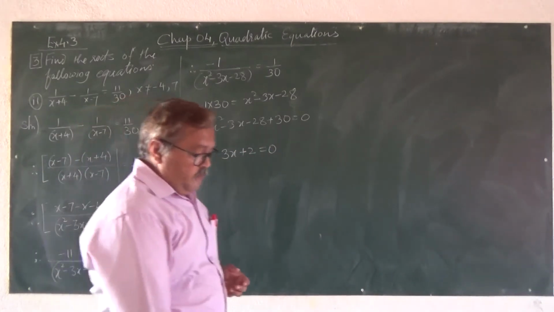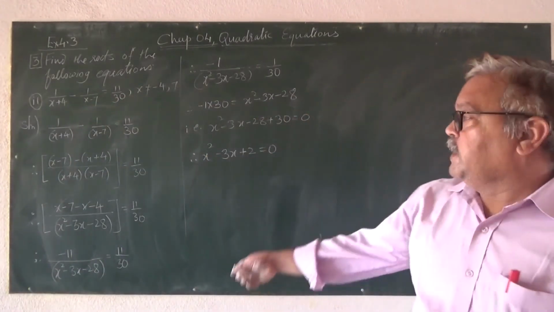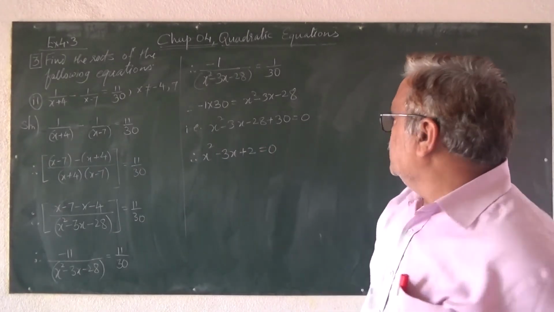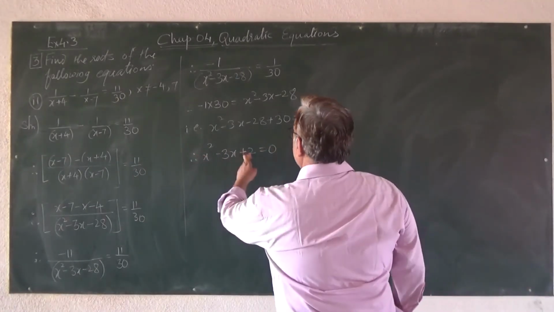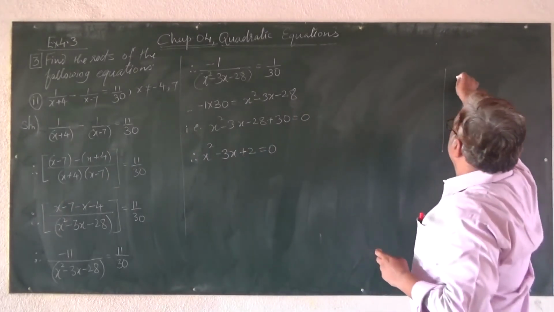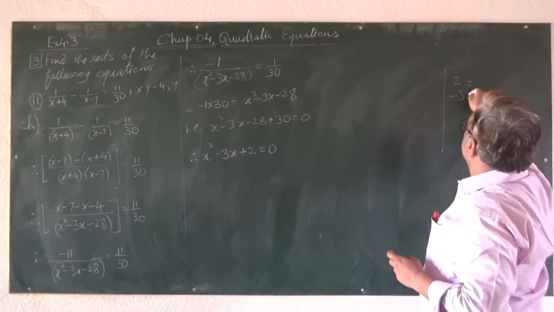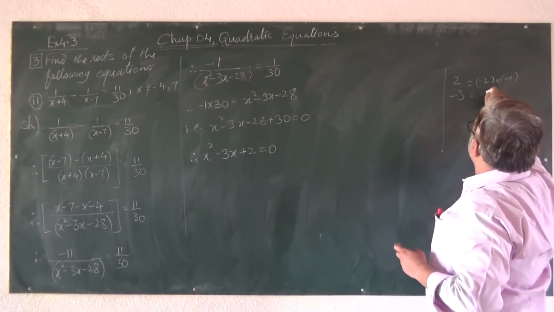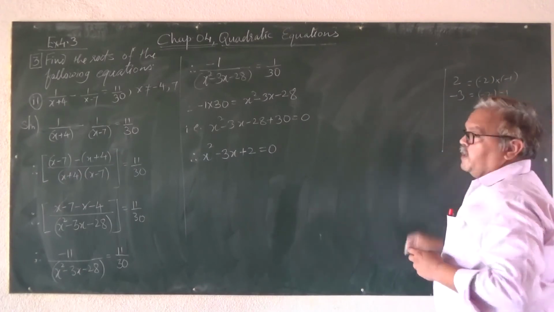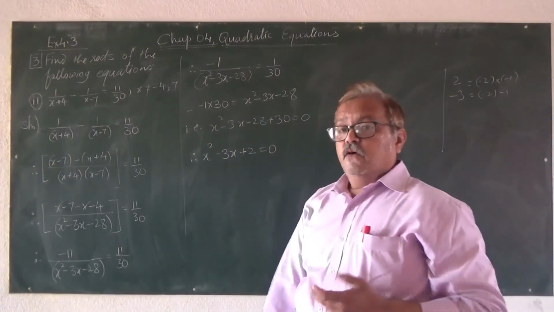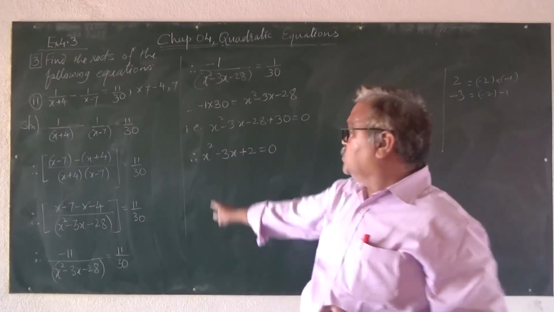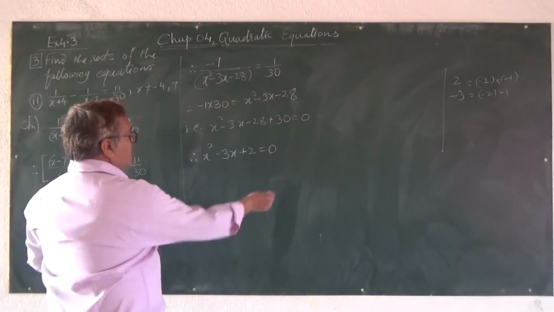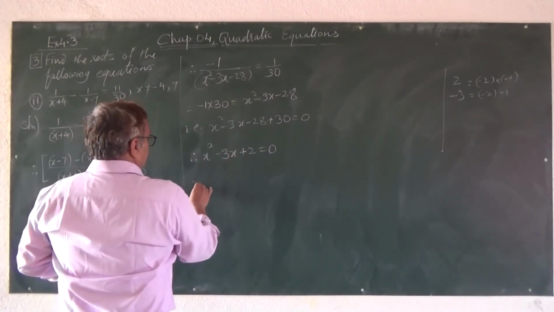See whether you can get the factors of this, or you can find the roots by splitting the middle term. Here 1 into 2 is 2, and minus 3 is the middle term. So minus 2 into minus 1, and minus 2 minus 1 is minus 3. Since the coefficient of x square is 1, you can do it orally. x minus 2 and x minus 1 are the factors of this.